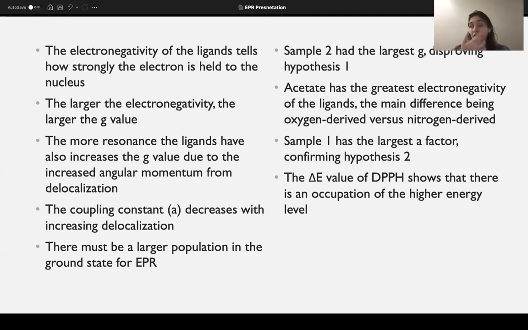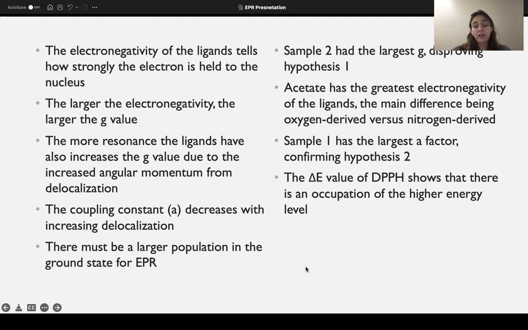And so this goes back to our hypotheses. Our results show that sample 2 had the largest g value, which disproved hypothesis 1 because sample 3 should have had the largest g value.